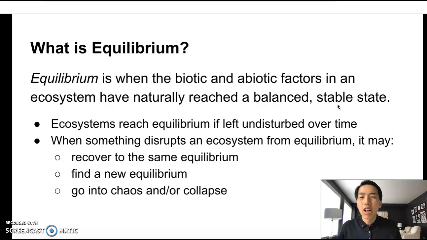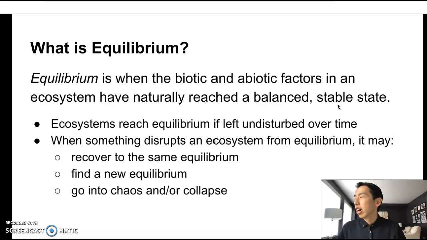That balance will involve some up and down cycles, like the hare and the lynx population that I showed you. But over the long term, those cycles will be pretty predictable and pretty stable. And that balance that they achieve, we call that equilibrium.